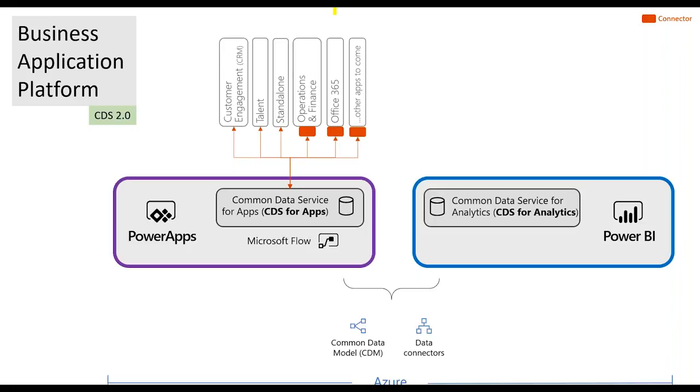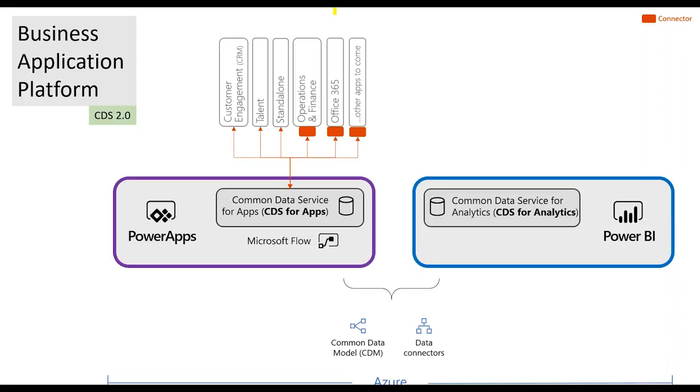Two more things very quickly. On top of CDS for apps and CDS for analytics, we have the common data model, the CDM, down below. The common data model, it really doesn't hold any data. You can think of it as just a schema. And if you go to GitHub, it's actually published there as open source, the schema. It includes something like 115 entities.